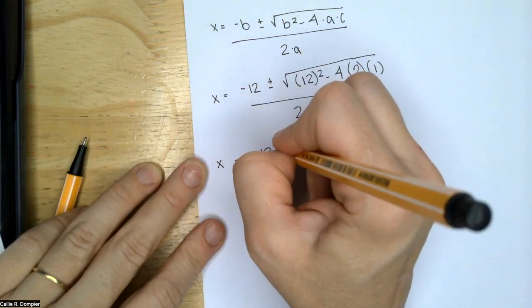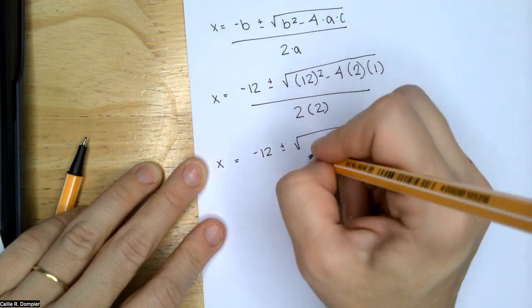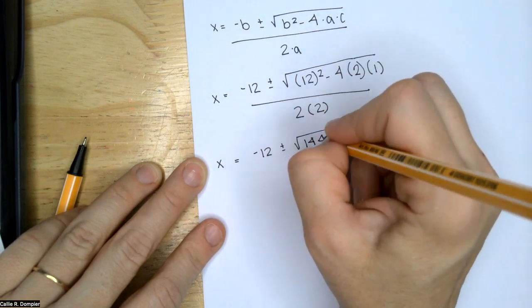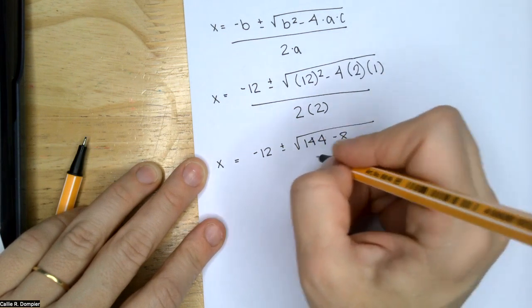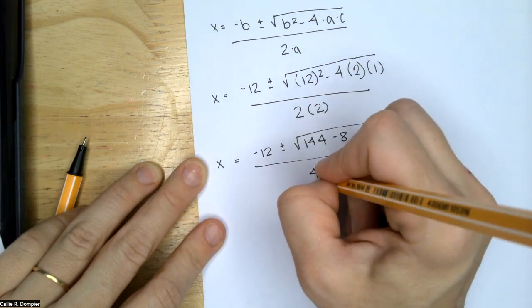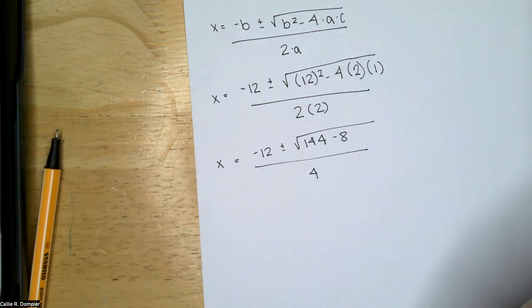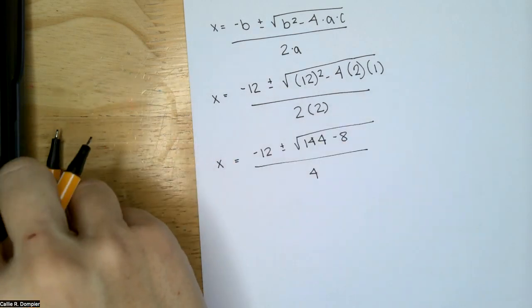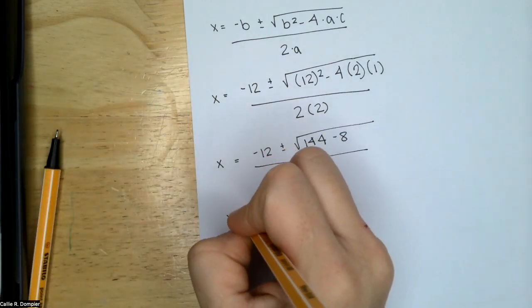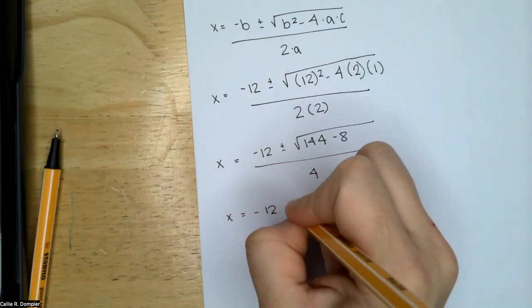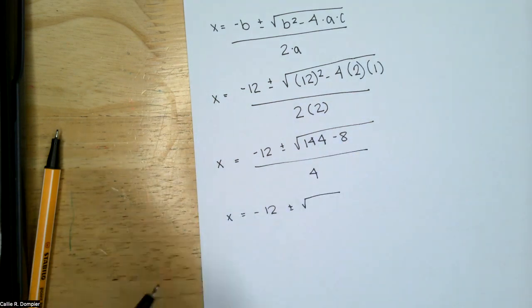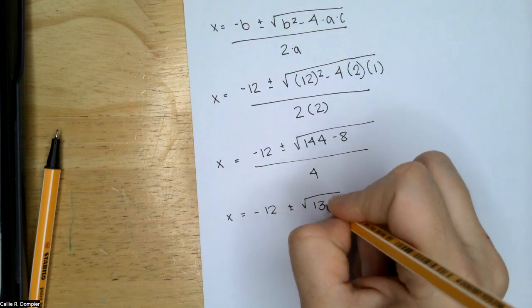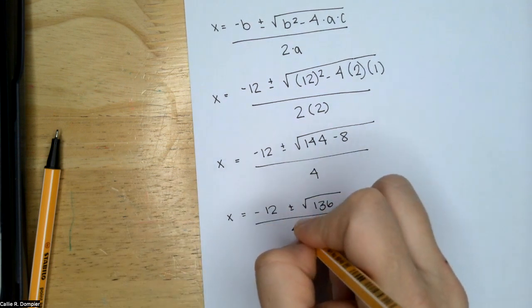Negative 12 plus or minus the square root of 12 squared is 144. Negative 4 times 2 is a negative 8, times 1 is negative 8. 2 times 2 is 4. Good. X equals negative 12 plus or minus 144 minus 8 is 136, positive though. Divided by 4.